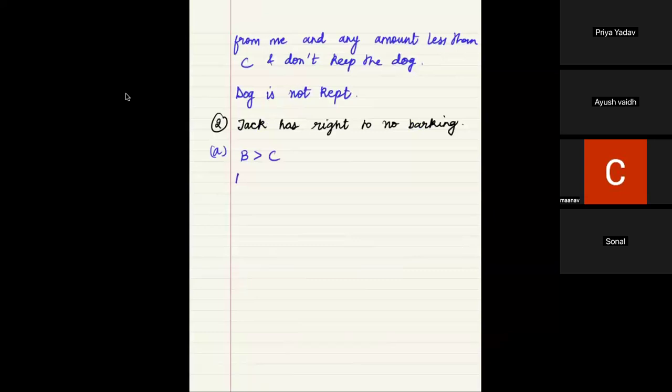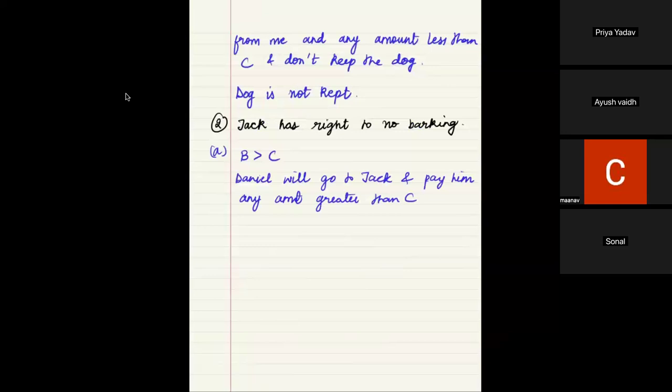The dog keeper, Daniel, will go to Jack and pay him any amount greater than C. If he pays any amount greater than C, then Jack's cost is covered, so barking would not be a problem for him.